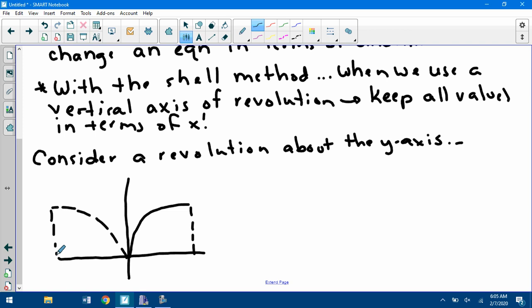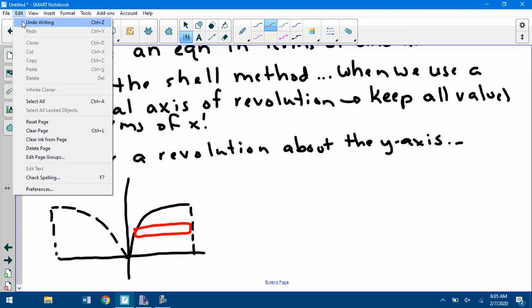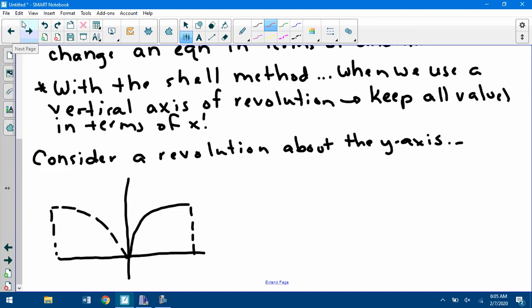Now, in the past, don't write this. If I was going around the y-axis, I always talked about having to do a rectangle perpendicular to that axis. So it would have to be a dy, because this distance is a y distance up and down, a change in y. I don't need to do that anymore. That sometimes caused us to have to rewrite equations using complete the square or whatever.